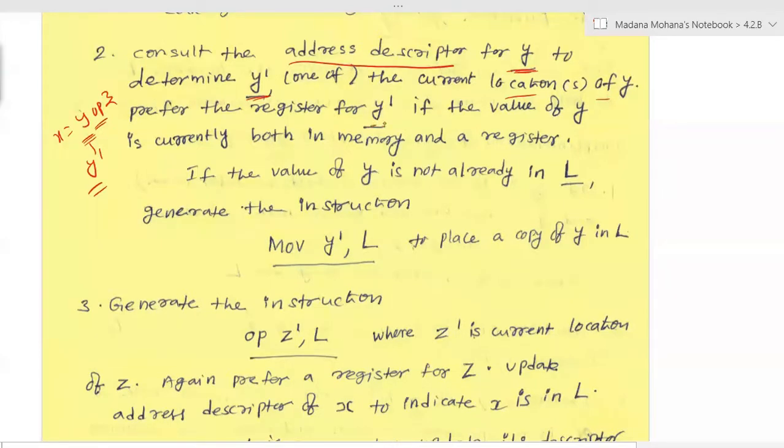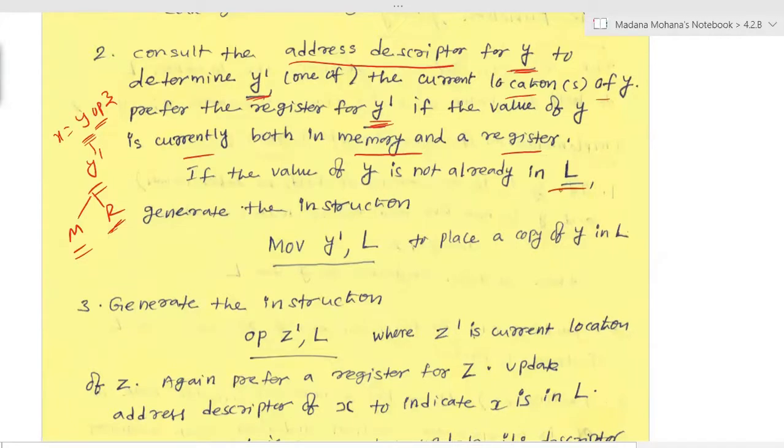Prefer the register for y dash if the value of y is currently both in memory and register. Suppose the value is located both in memory and in a register, then we prefer the register for y dash, because using a register takes zero extra cost, only the instruction cost. Whenever we use a memory location, it takes the instruction cost as well as the memory location cost. That's why we preferably use registers.